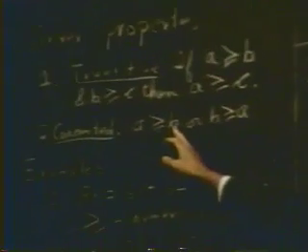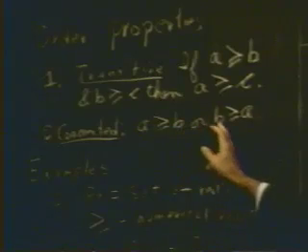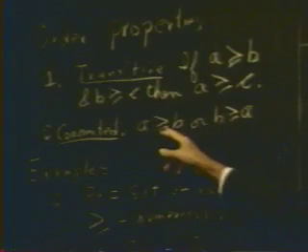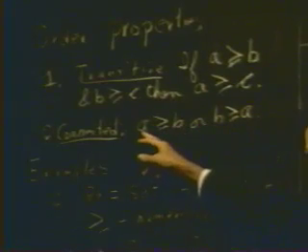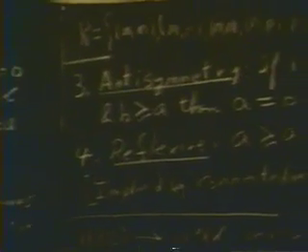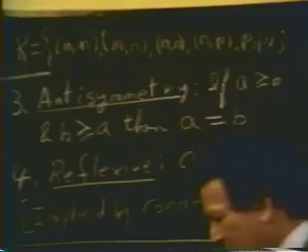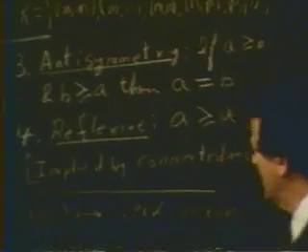Because we just take B to be A, and we have here A at least as great as A, or A at least as great as A. But of course that just reduces to A at least as great as A. So connectedness implies a relation being reflexive. We don't need that as a separate property in terms of what we want to consider.